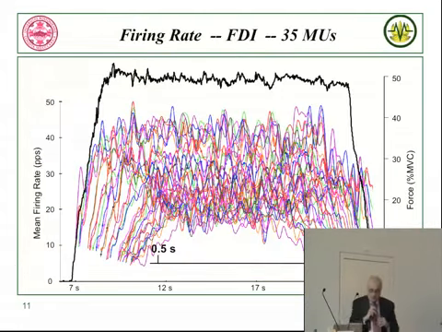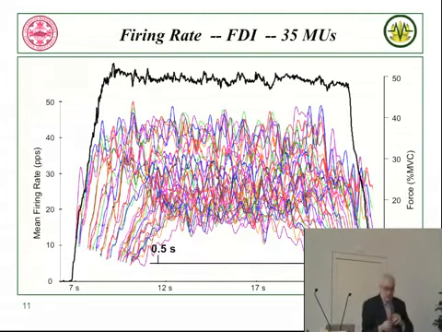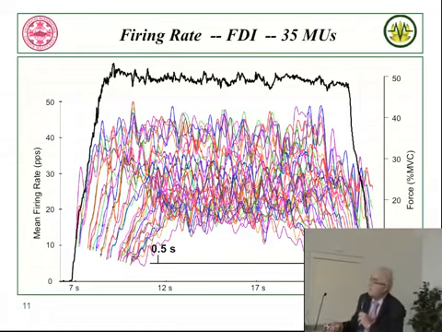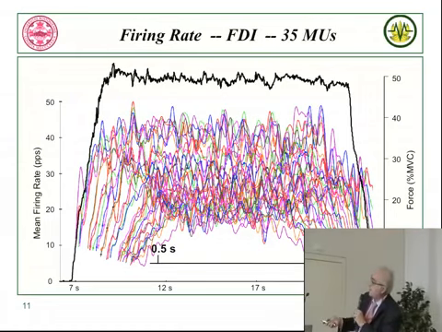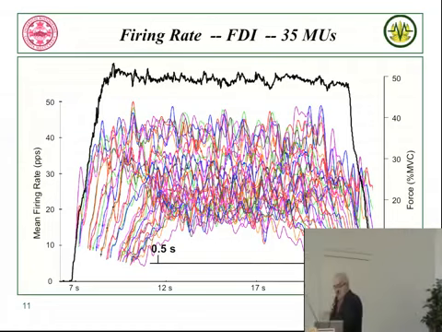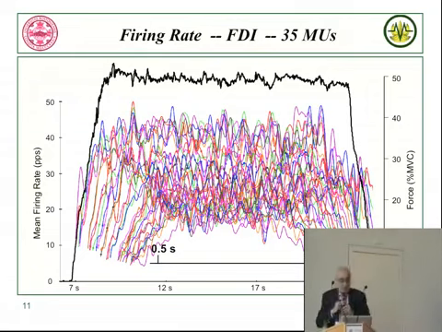Just to show you, this is another example where we have a force. This is the force that we generated from the muscle, and these are all the firing rates which we have been able to decompose as we did in the previous slide. But when we don't filter them very much, there's only a 0.5 second Hamming filter here. You get this very complicated looking structure.